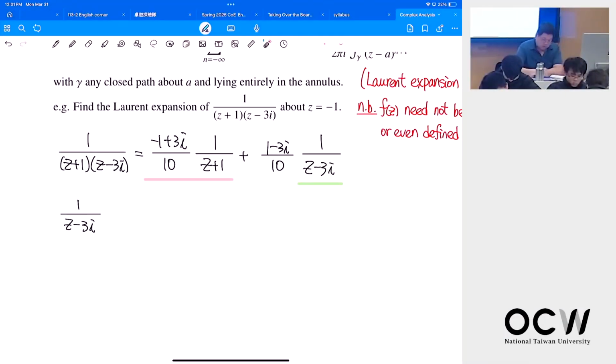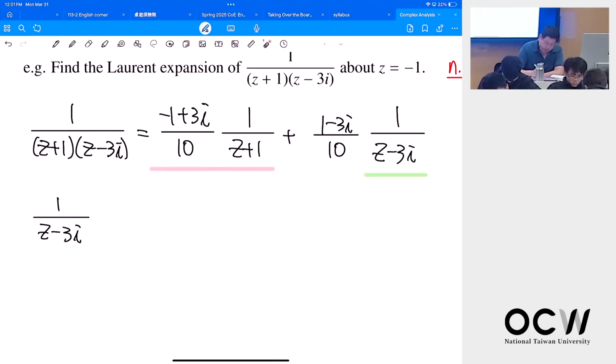So to find the ratio, let's see. We need 1 over 1 minus ratio, right? And also we need Z plus 1. Okay. We need Z plus 1 here. So eventually you need 1 minus Z plus 1 divided by something.